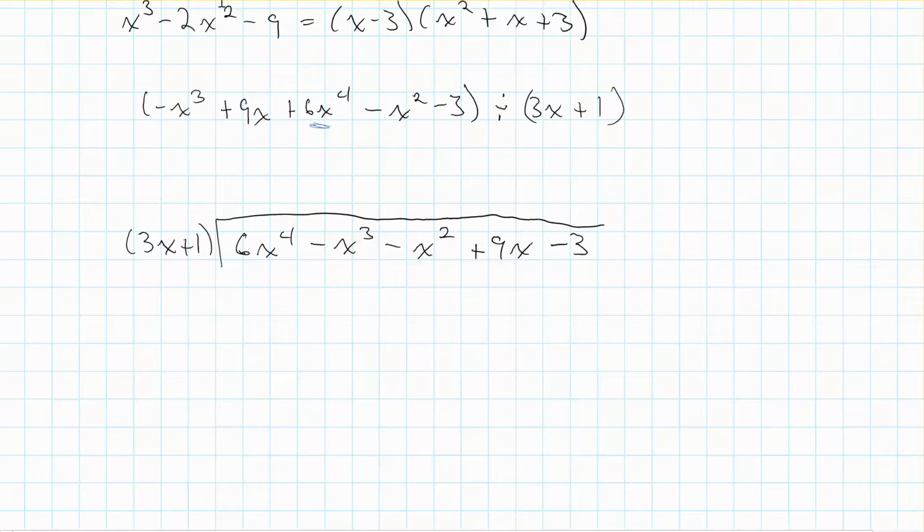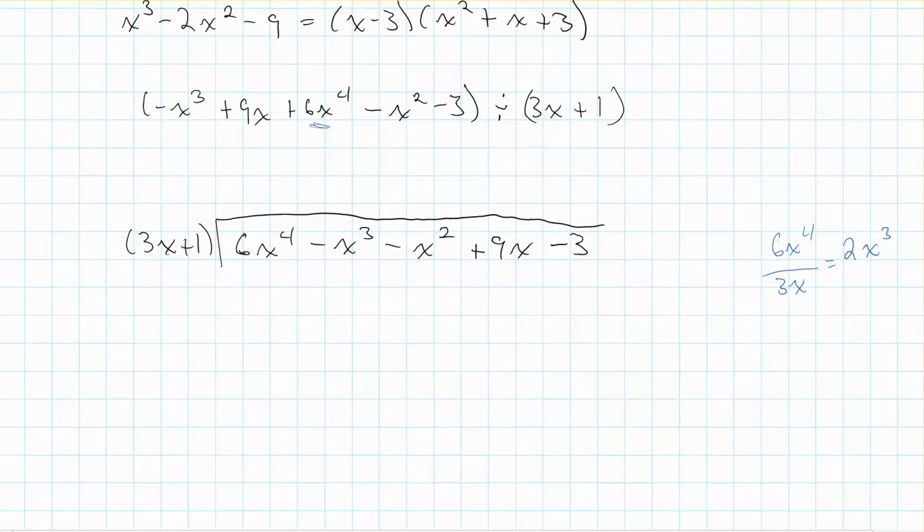So we're just going to ask ourselves, what do I multiply 3x by to get 6x to the fourth? And again, if you can't think of it, you could do 6x to the fourth divided by 3x, and that would get you 2x cubed. But I think it's pretty straightforward just to think about it in your head. What would I multiply 3x by to get 6x to the fourth? Well, you multiply 3 by 2 to get 6.